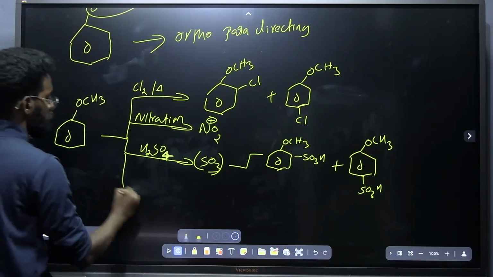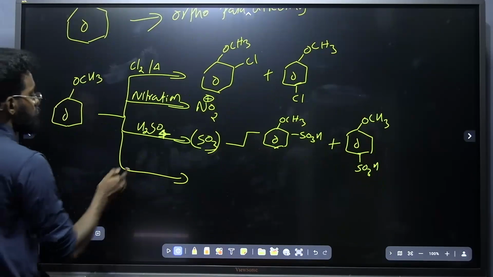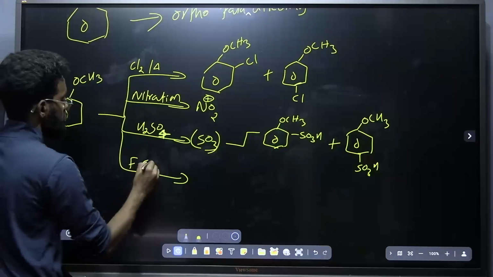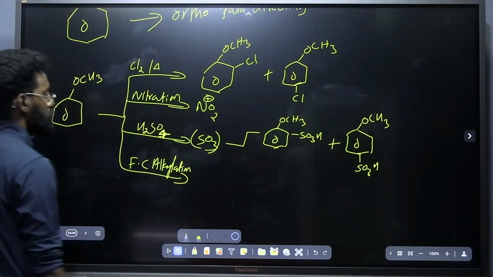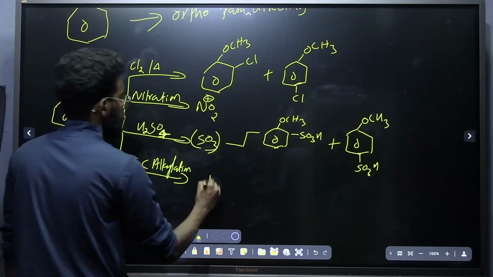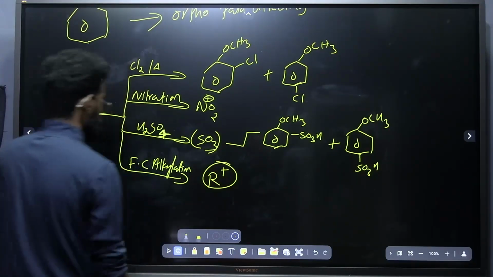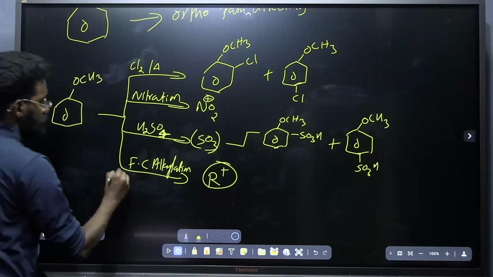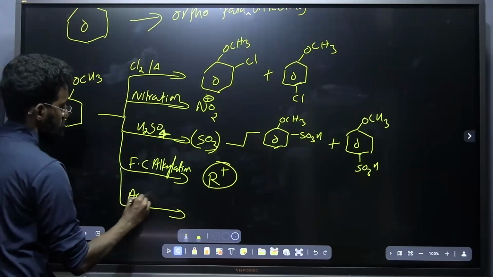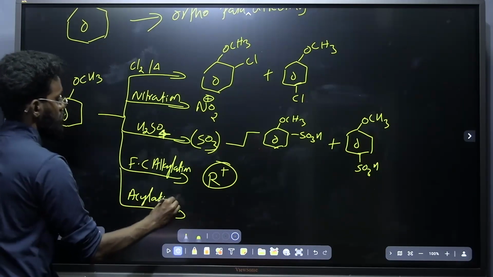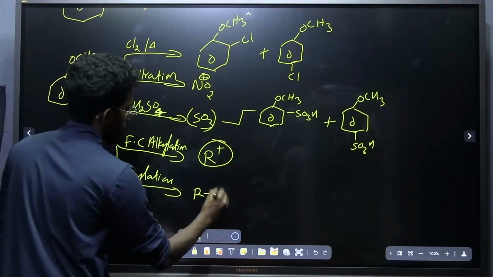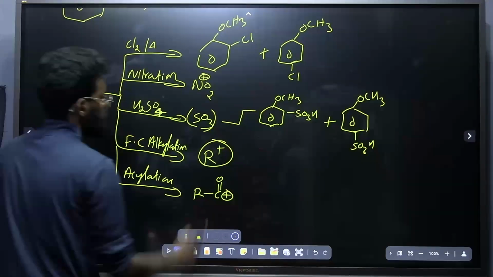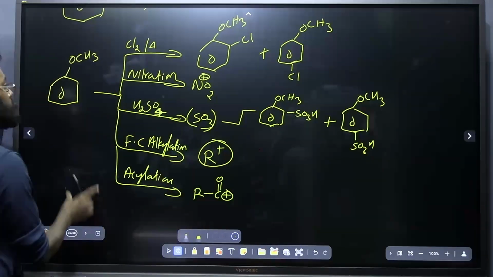Then comes Friedel-Crafts alkylation. If you observe, the carbocation will be attaching at the ortho and para positions. And if it is Friedel-Crafts acylation, the electrophile that will be forming is the acylium ion, R-C double bond O plus, which attaches at the ortho and para positions.